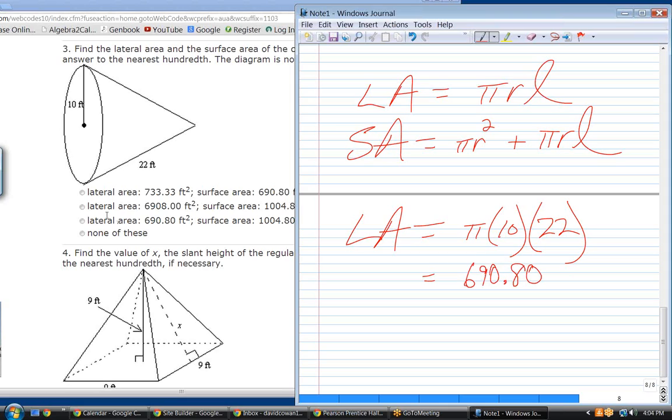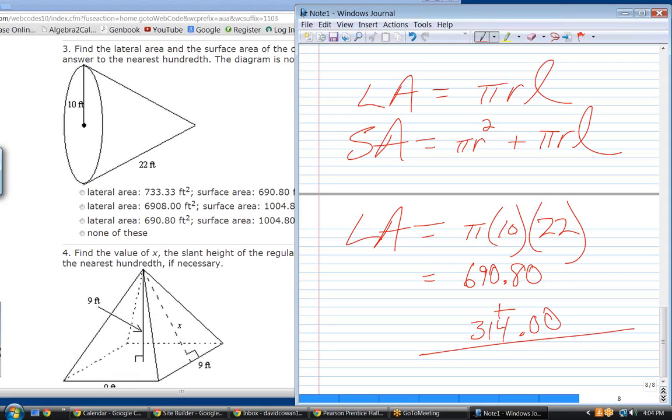Okay, now we can't immediately answer this because there's none of these. At least they were a little smarter here. So now let's add pi r squared to that. That's 100 pi. We don't need a calculator for 100 pi. That's 314. But then you have to add in 3.14 for pi, don't you? I did.